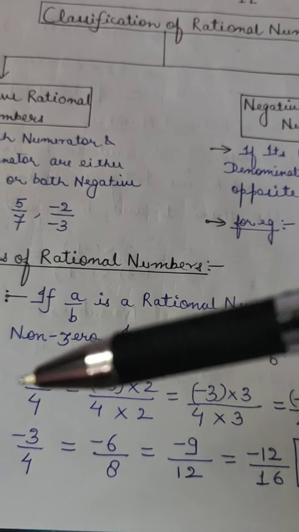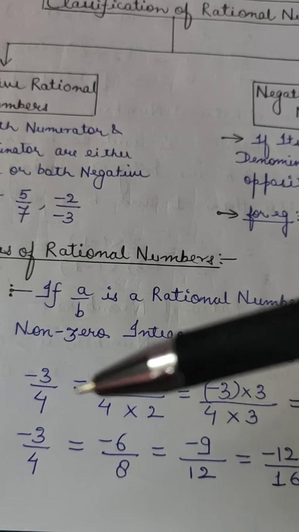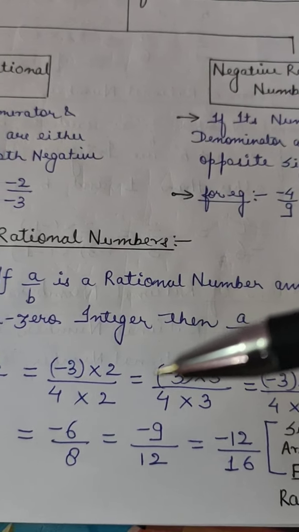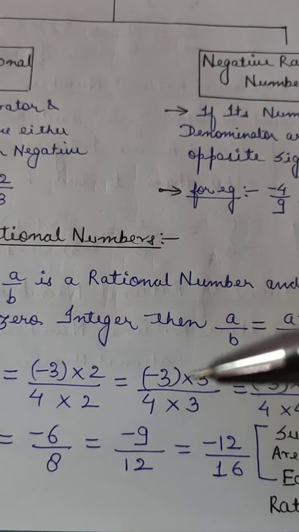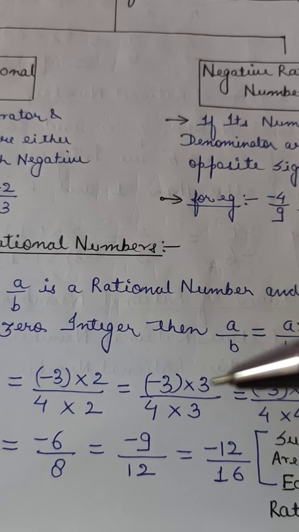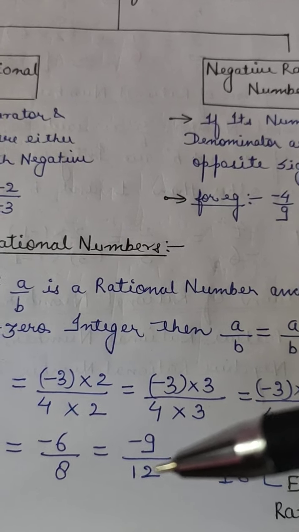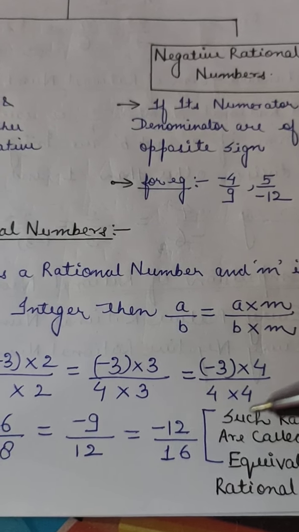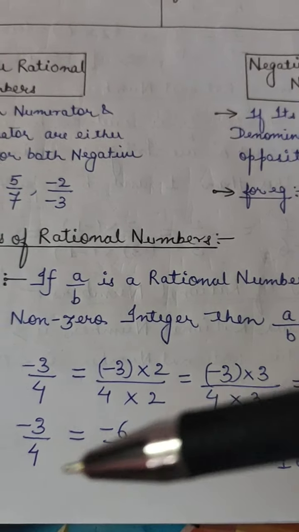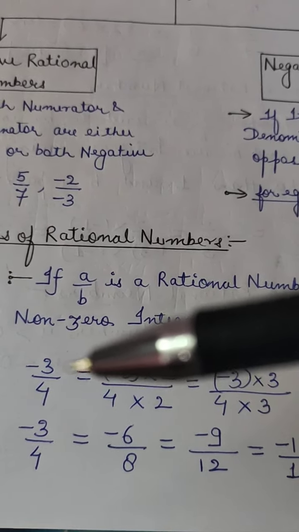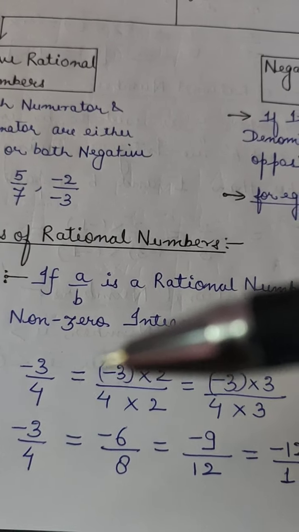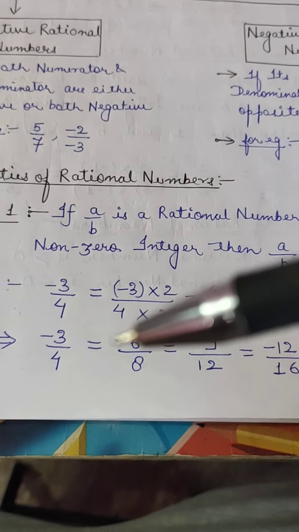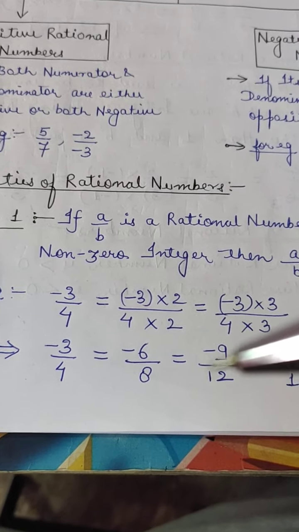फॉर एग्जांपल यहाँ पे माइनस 3/4 को हमने एक रैशनल नंबर लिया है, इसको न्यूमरेटर और डिनोमिनेटर को किससे मल्टीप्लाई किया? 2 से. तो वी विल गेट व्हाट रिजल्ट? माइनस 6 अपॉन 8. सिमिलरली न्यूमरेटर और डिनोमिनेटर को किससे मल्टीप्लाई किया? 3 से. 3 3 9 एंड 4 3 12. सिमिलरली यहाँ पे किससे मल्टीप्लाई किया? 4 से. तो ये सिग्निफाई कर रहा है कि अगर किसी भी रैशनल नंबर को न्यूमरेटर और डिनोमिनेटर को हम मल्टीप्लाई करते हैं सेम इंटीजर से, देन इट विल गिव सेम रैशनल नंबर.